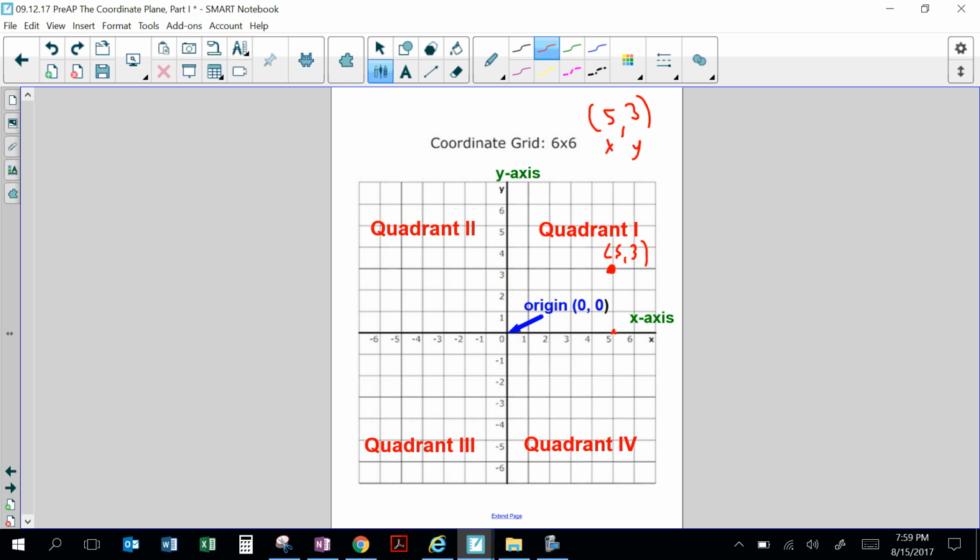So I would like this person to move 5 units south. 1, 2, 3, 4, 5.